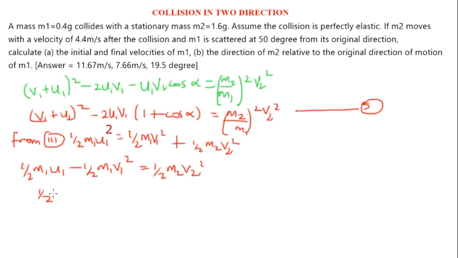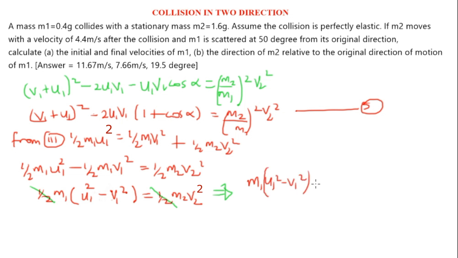So my half is common to both sides, and m1 is also common to those terms. We can divide both sides by the half, so that we can obtain something that looks like this: m1 (u1 squared minus v1 squared) is equal to m2 v2 squared.